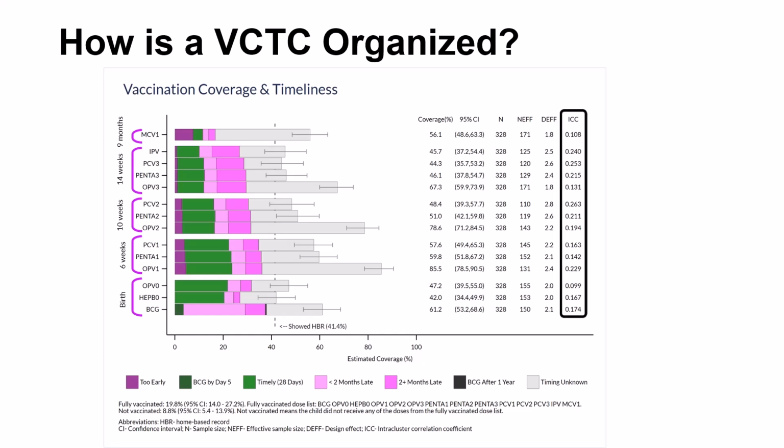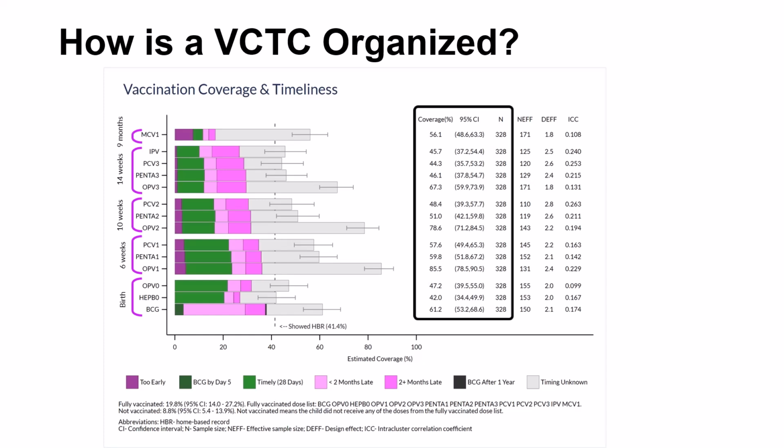ICC is the abbreviation for intra-cluster correlation coefficient, which is a measure of the relatedness of clustered data. Because this is an introductory video, I'll be focusing on just the leftmost 3 columns of the VCTC. Viewers interested in learning more about effective sample size, design effect, and ICC are encouraged to explore some of the additional resources which will be provided at the end of the video.